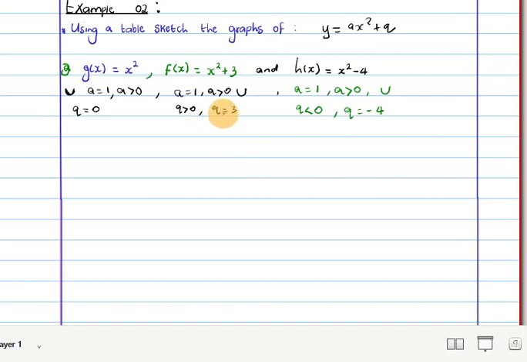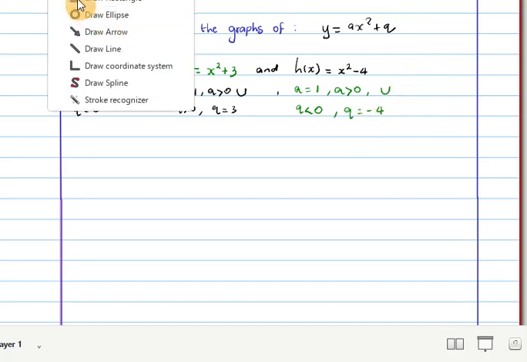This one shifted 3 units upward. This one did not shift, meaning it will turn at the origin where the value of y is equal to 0. Okay, so judging from the information that I have here, now I have an idea of how my graph should look. But again, they said I should use a table, so I should write my table and then plug in all the possible outcomes using the possible inputs. So it's input and output, input, output, input, output, just like that.